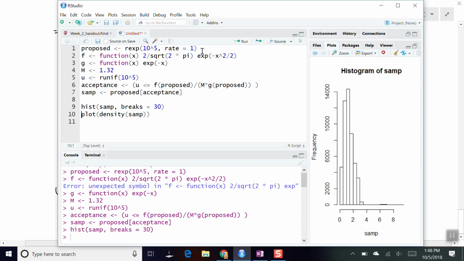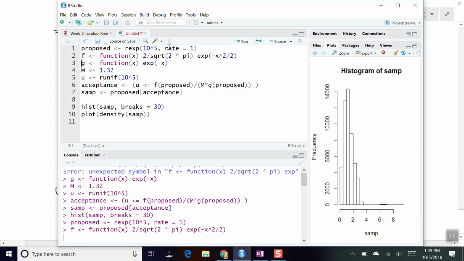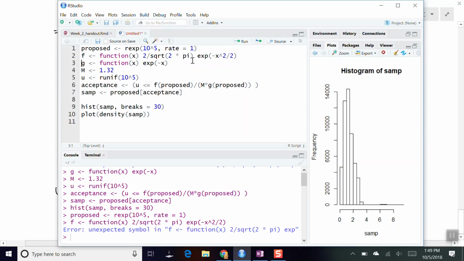Oh, that doesn't look quite right. Did I mess something up?